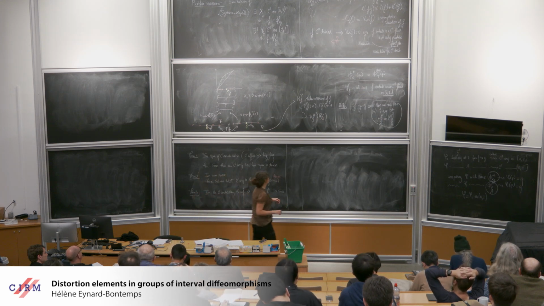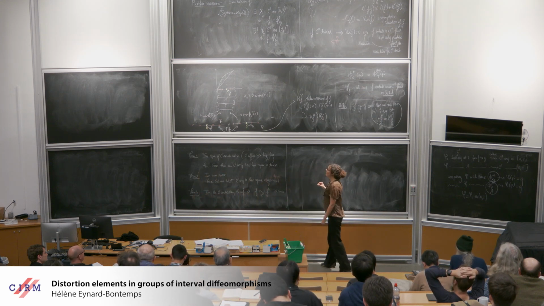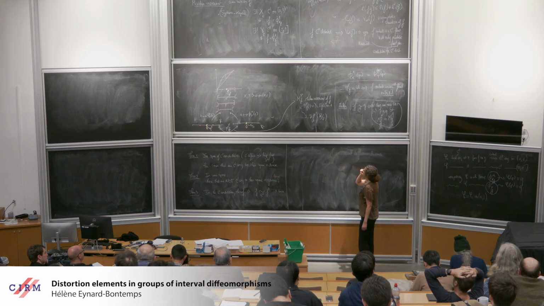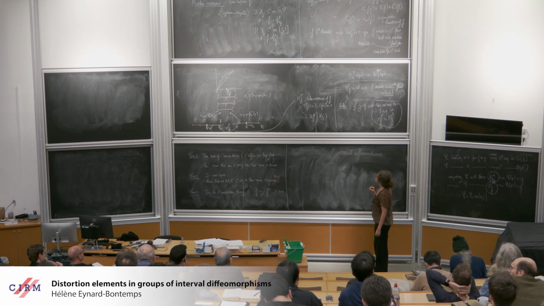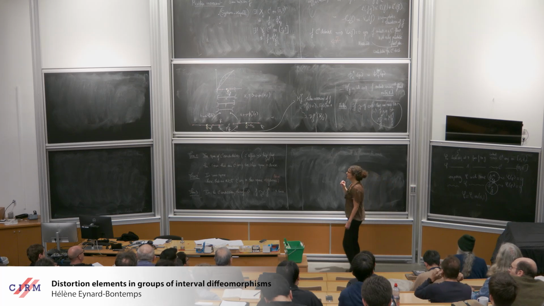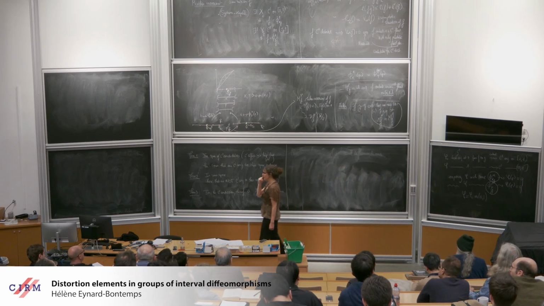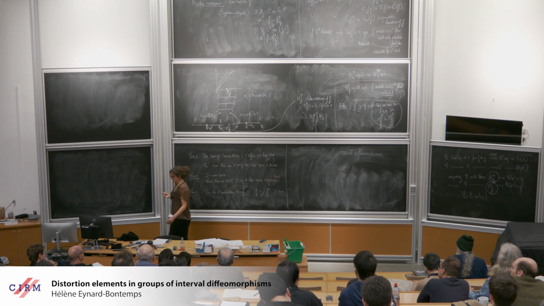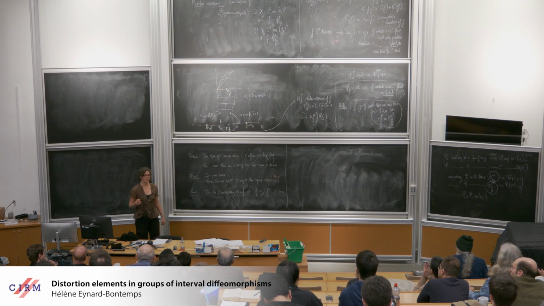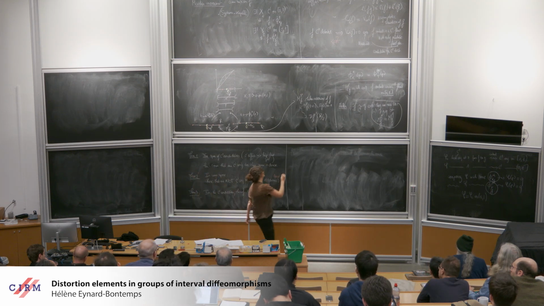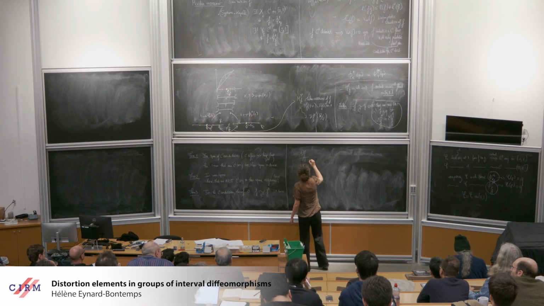Yes, I forgot a very important thing that I should have said. I told you I'm not going to focus on C1 conjugacy classes of C1 diffeomorphisms, but I want to prove that C1 diffeomorphisms conjugated to their square are dense in the set of C1 diffeomorphisms. So I should have told you the following affirmation.